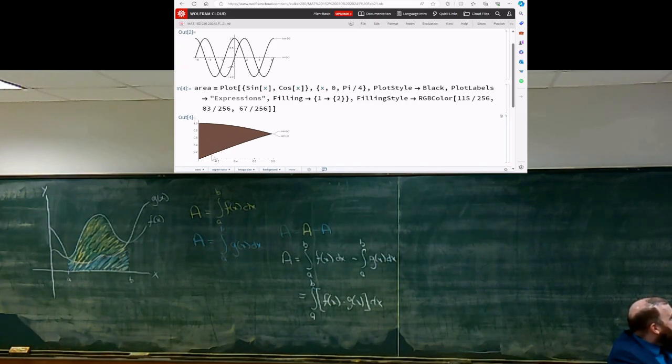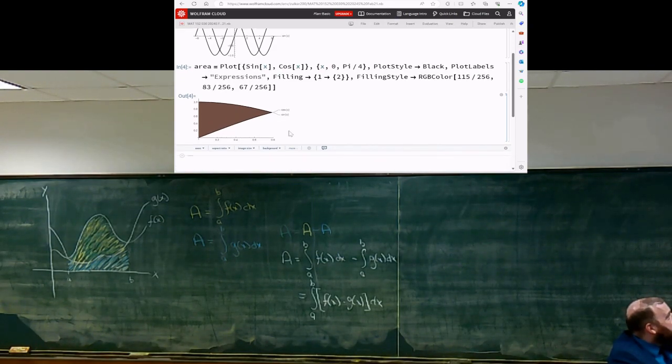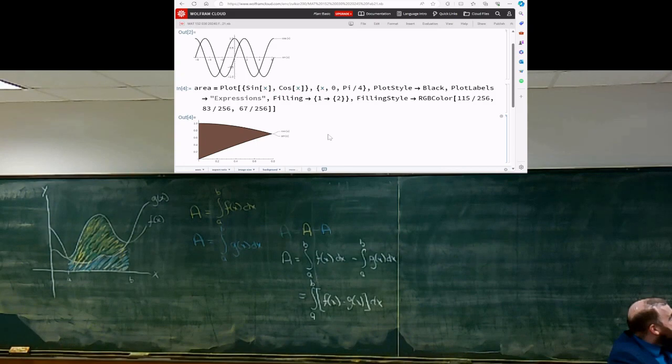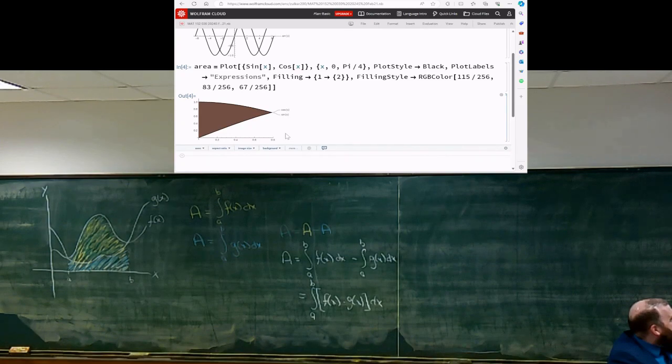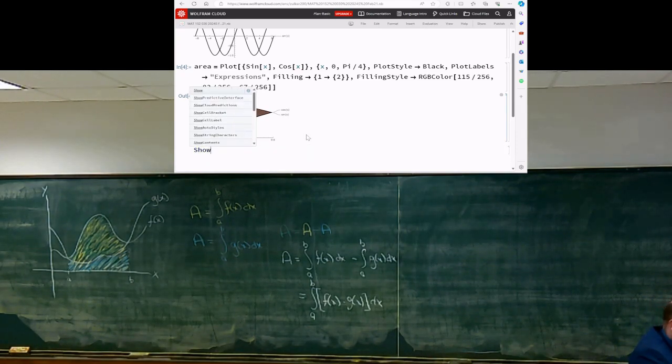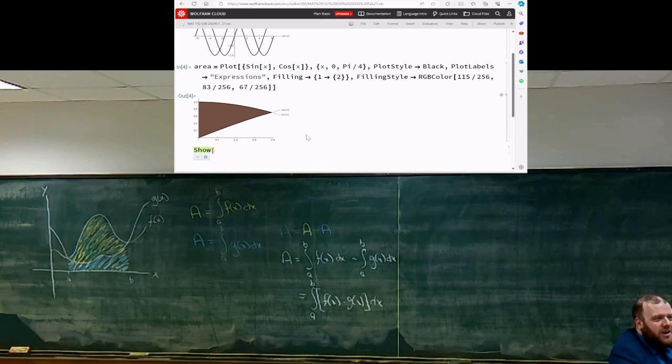It's this region I'm looking at, not this region down here, or possibly a region up here. Another thing I can do, I don't know how it's going to work with those, let's find out, is I have those two already stored. Now I can just show them together on the same axis. The first one is like your default one. Everything else you list after that is going to be shown on that axis.